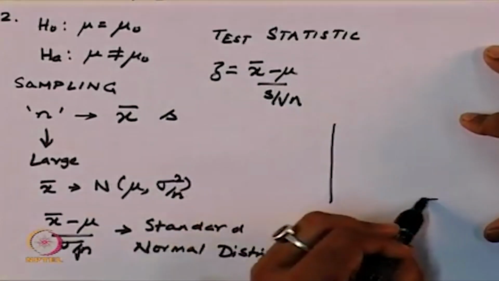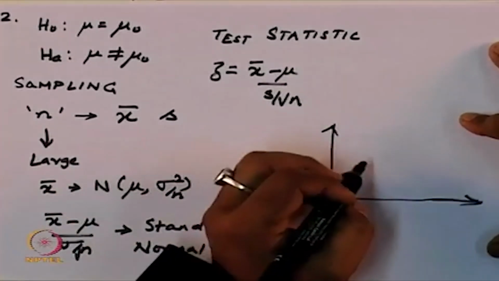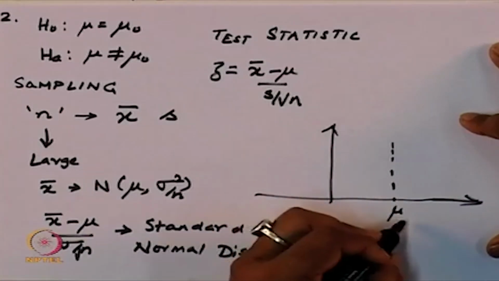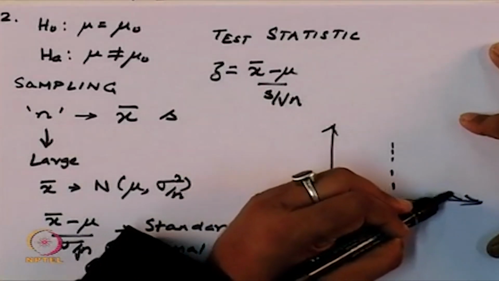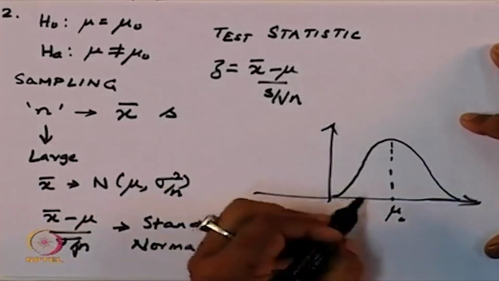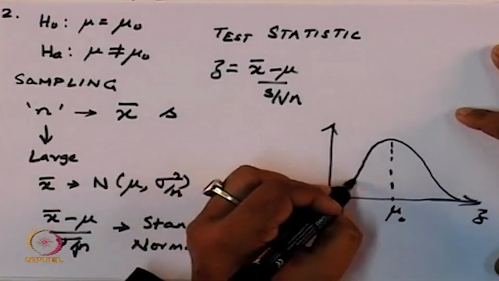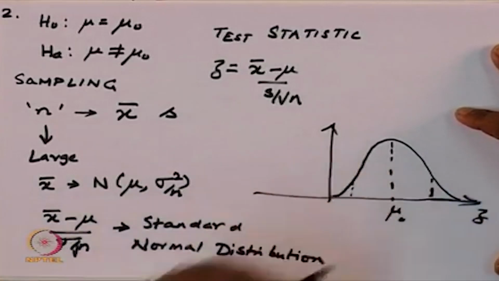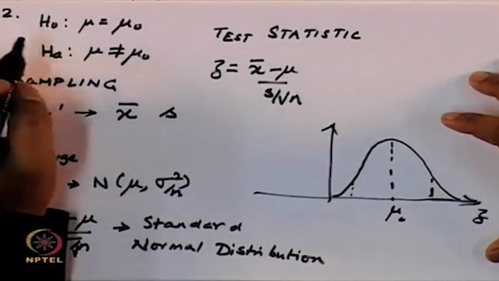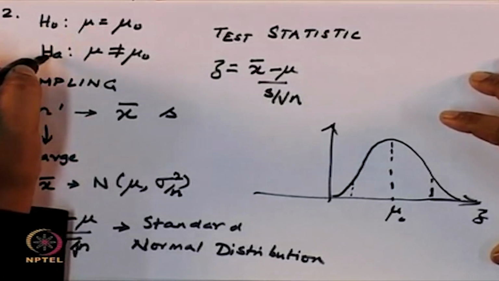Okay. Now, what do we mean by two tails? Let us say this is your mu naught value, and you will have a distribution. This is roughly normal distribution. You will have a distribution which is on both sides of this mu naught. And let us say you have to decide how do you come to the conclusion that your hypothesis is either right, that is you accept your hypothesis, or it is wrong and you accept the alternate hypothesis.